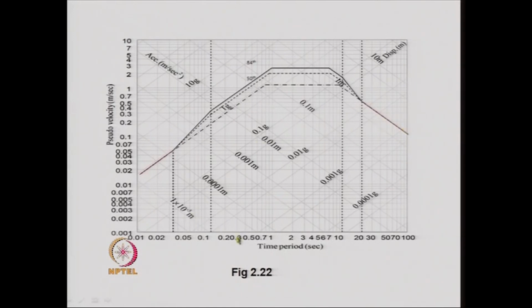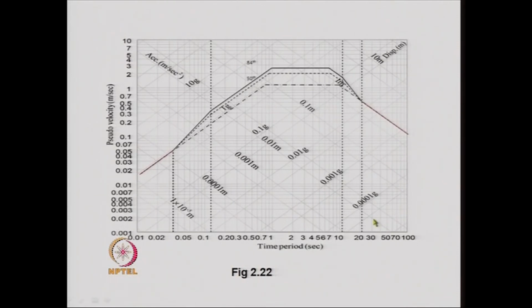And the TA, TB, TC, TD, TE values were specified. Therefore, once we have the TA, TB, TC, TD, TE values specified, and alpha A, alpha V and alpha D values are given, then one can construct a design spectrum.